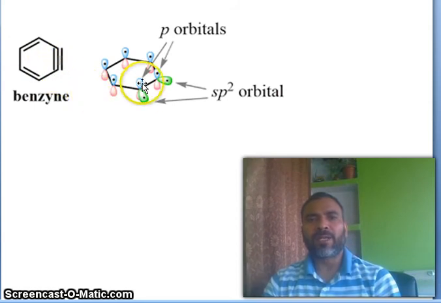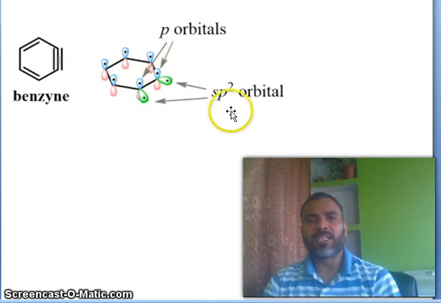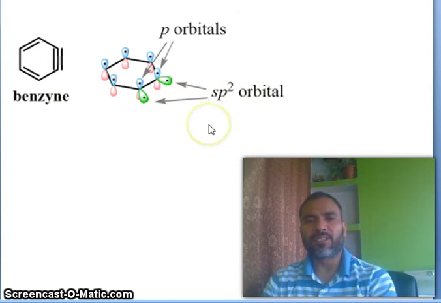So what will happen here? The p orbital, you can see, and these two, which are green, are sp2 orbitals. You know, in benzene, all carbons are sp2 hybridized.